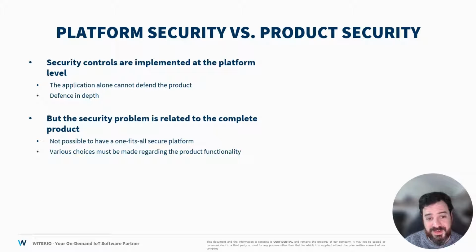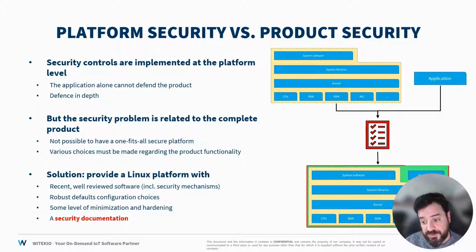It's related to the Linux system as used by your application. So in my opinion, it's not possible to have a one-fits-all secure Linux platform that will work for every product. In order to secure a platform, you will have to make dire choices, implementation choices that will work with some specific product and not with another.